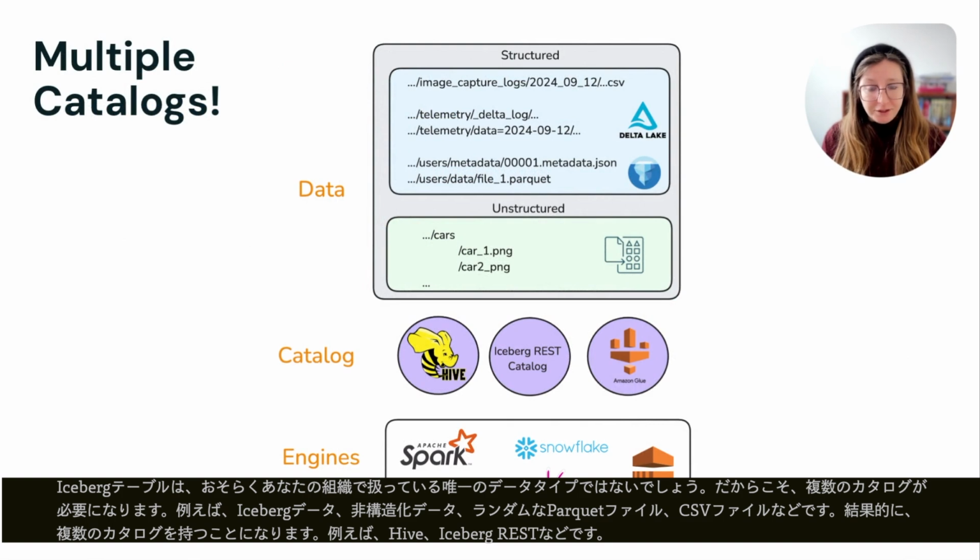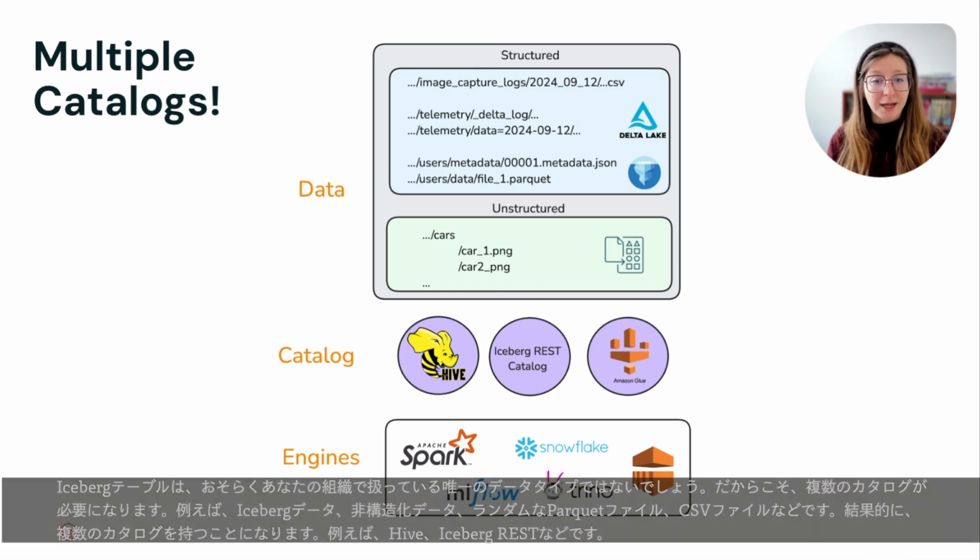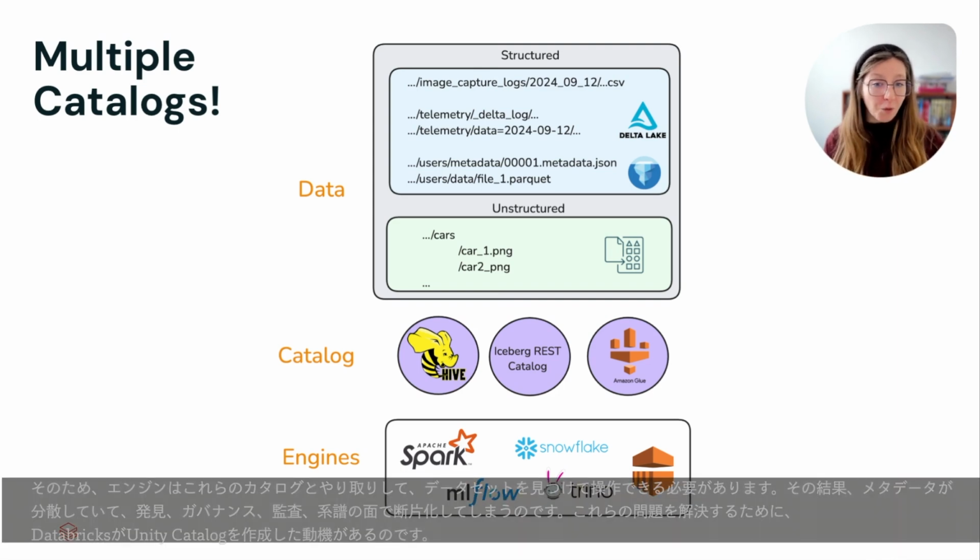Iceberg tables are probably not the only type of table or data that you have in your organization, which leads us to having multiple catalogs. So for your Iceberg data, maybe for your unstructured data, maybe for your random Parquet, CSV files. Inevitably, you end up in this situation where you have multiple catalogs, maybe a Hive, maybe an Iceberg REST, maybe Glue or more.